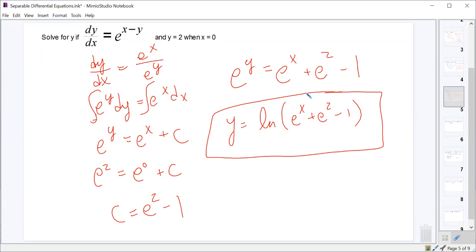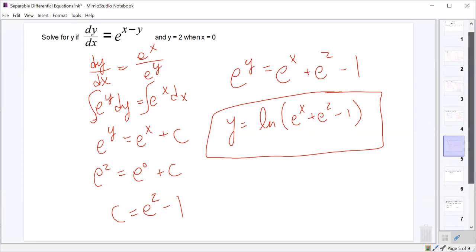All right, that's separable differential equations. We'll talk about the one little application of them when we come back for quarter 4. And well, not one, 2 of them. One is exponential growth and decay. The other is this idea of logistic growth.